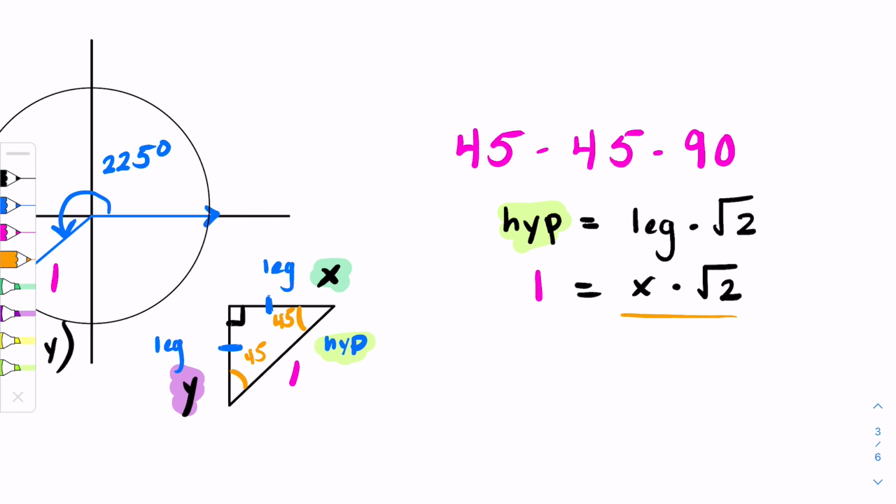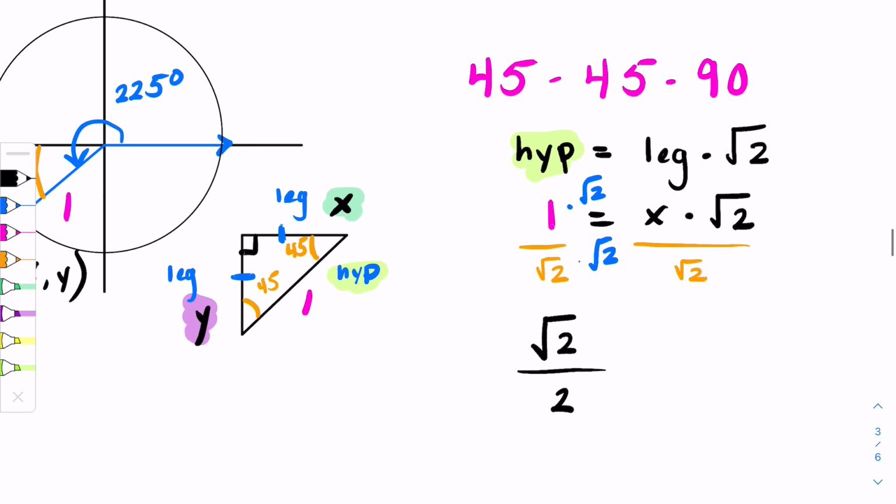If you solve for x, you're dividing both sides by the square root of 2. Just remember you cannot have a square root in the denominator, so I multiply the numerator and the denominator by the square root of 2, giving me the square root of 2 over the square root of 4, which is 2. And that's equal to x.